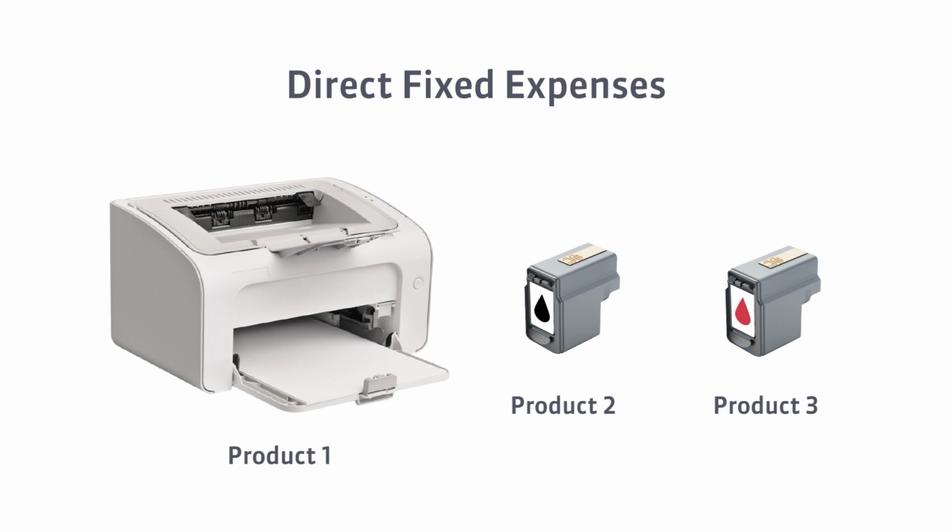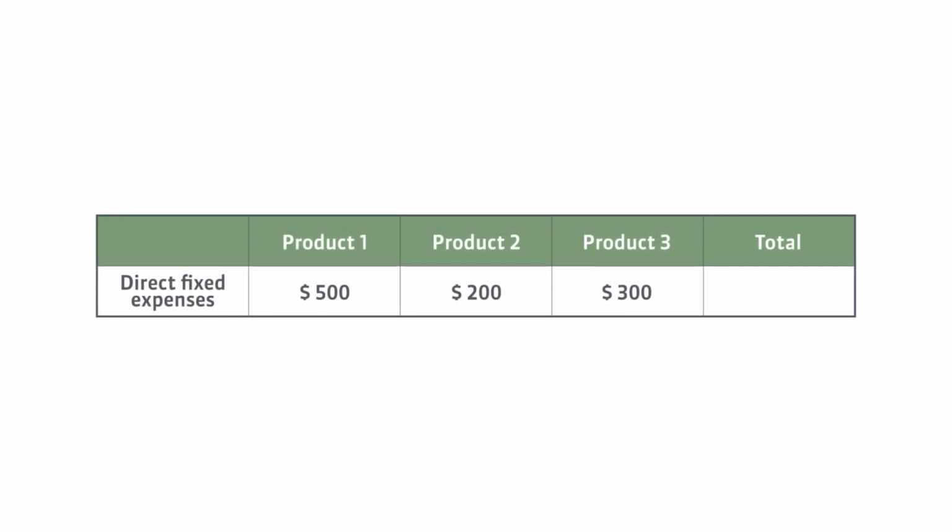Some of the fixed costs can be attributed to a specific product, for example, related to the production of the printer, others not. For this reason, let's separate the fixed cost that can be assigned to a specific product from the common fixed costs. First, let's deal with those that can be assigned to each product.